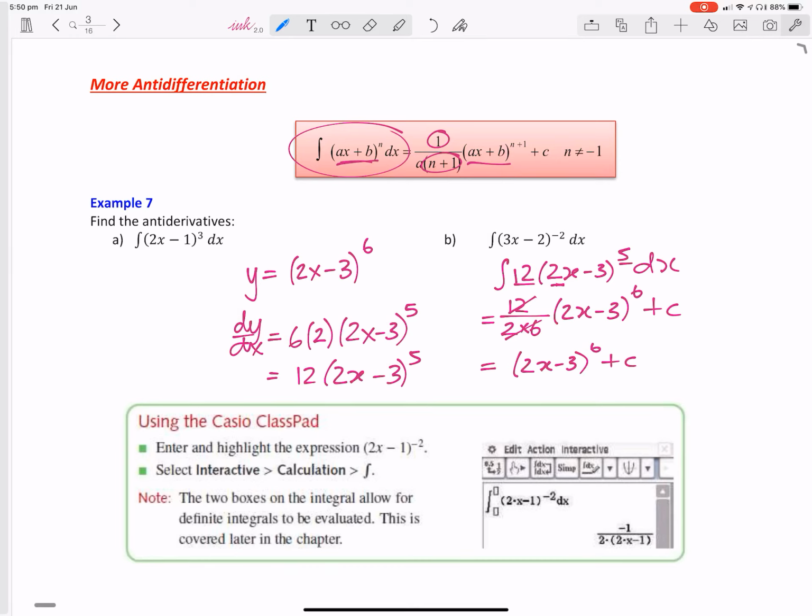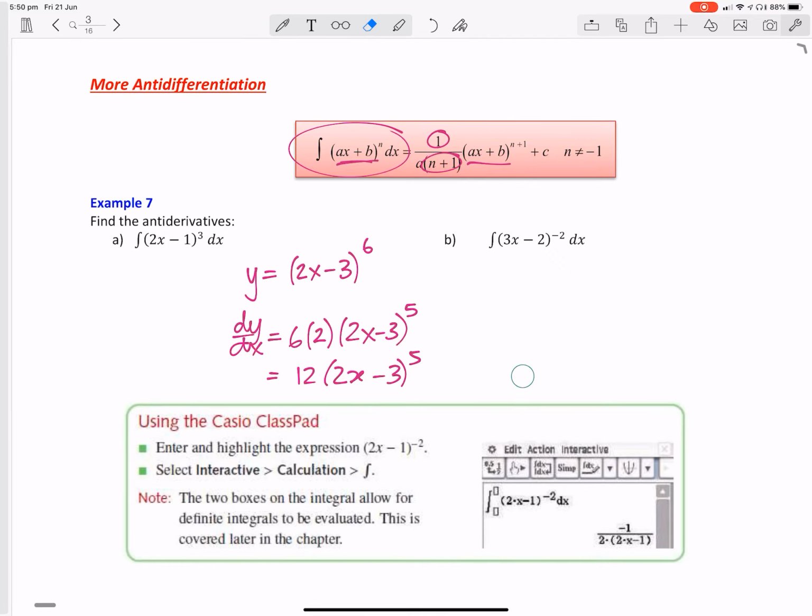So that's our inverse rule for the chain rule. I'll basically explain why I'm saying the inverse. If we have the integral of 12(2x - 3) to the 5 dx, when we apply the chain rule, we bring our power down to the front, we multiply it by the derivative, and then we take 1 away from the power.